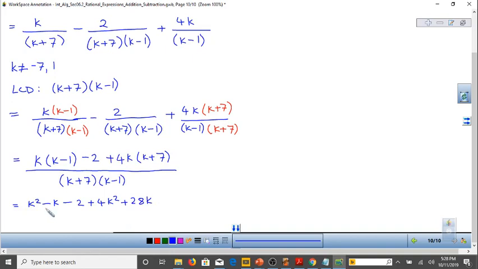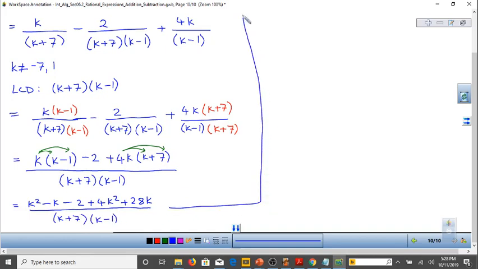When we distribute the parentheses, the denominator is k plus 7 times k minus 1, and we're going to continue now up here. So k squared plus 4k squared is 5k squared. Negative k plus 28k is 27k.